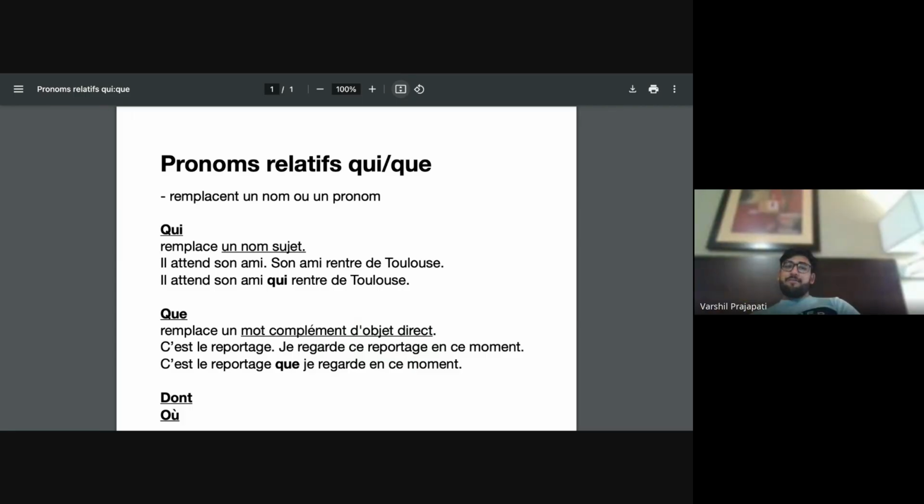So basically, what I understood is, in "qui" we are replacing the subject as a person, and for "que" we are using the formula of COD, which is the direct object. And where the direct object falls in the second sentence, we remove that and place the "que" and join the sentence to both of them, right?